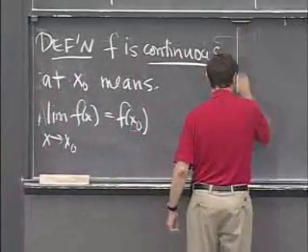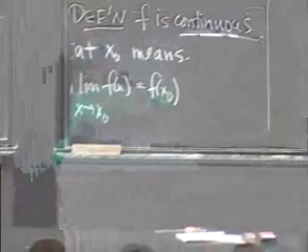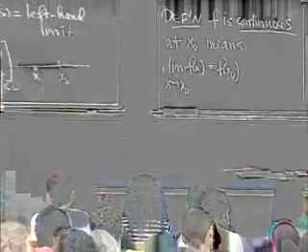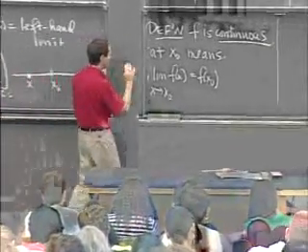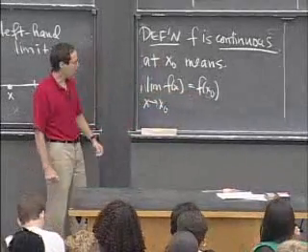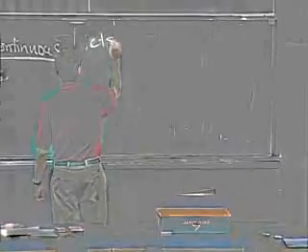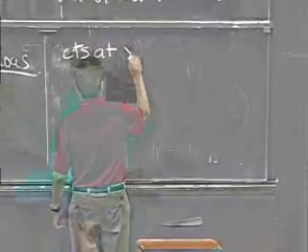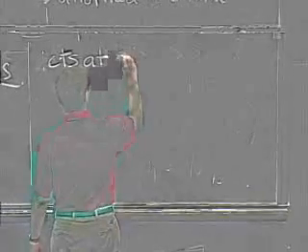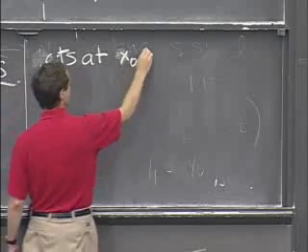So the reason why I spent all this time paying attention to the left and the right and so on and so forth is that I want you to pay attention for one moment to what the content of this definition is. What it's saying is the following. So continuous at x0 has various ingredients here.